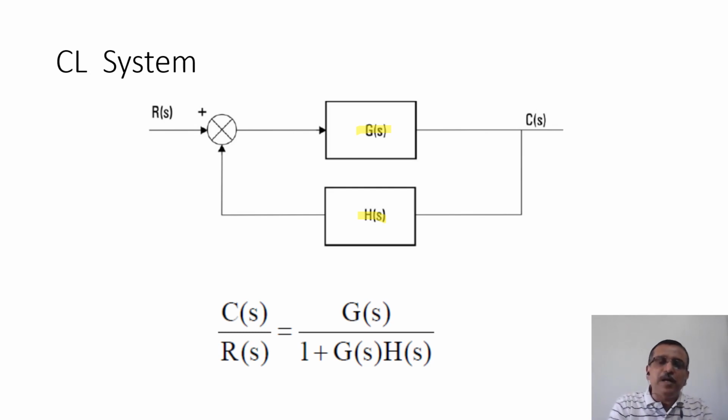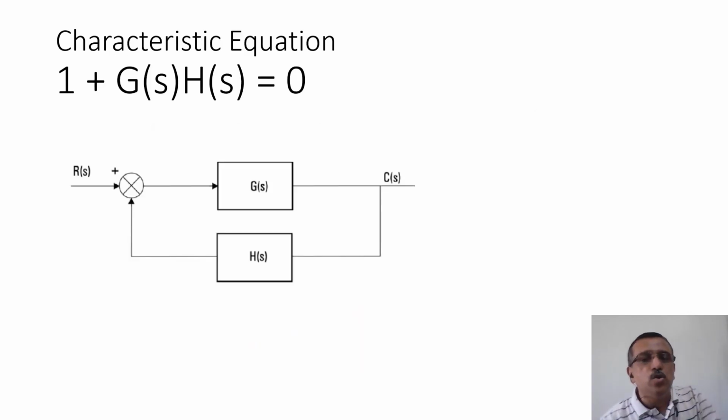So what is the denominator polynomial? This is the denominator polynomial, and this polynomial is called the characteristic polynomial. It's very important. If I equate it equal to 0, we call it the characteristic equation.